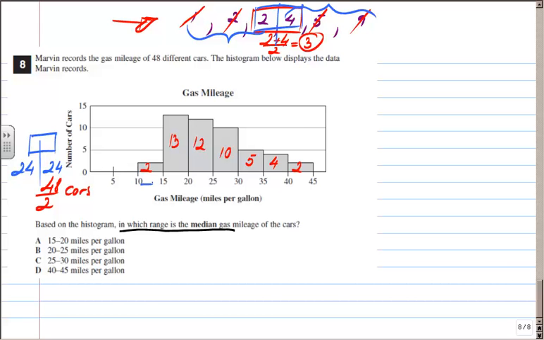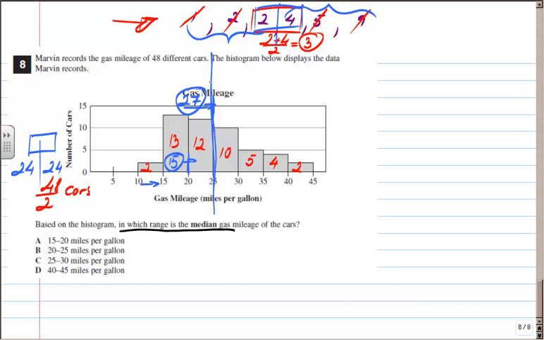If you start from here, you have 2 plus 13, so at this point I will have 15 cars. Going to the next bar, I will add that 12, and at this point I will have 15 plus 12, 27 cars.